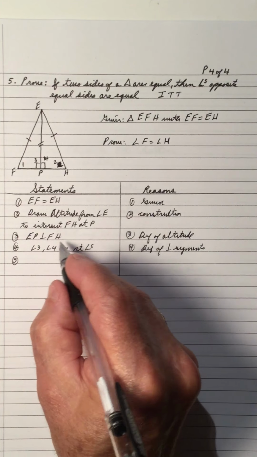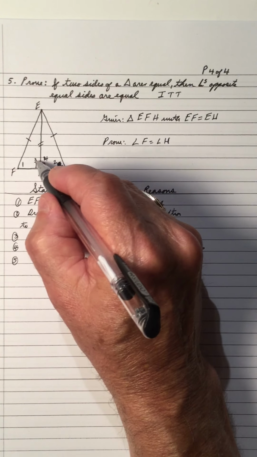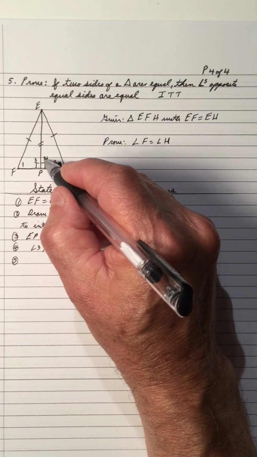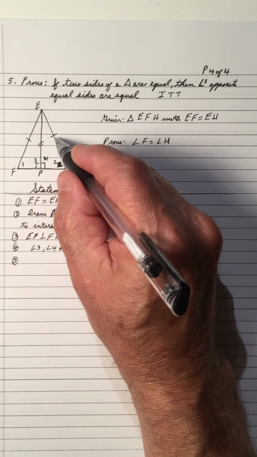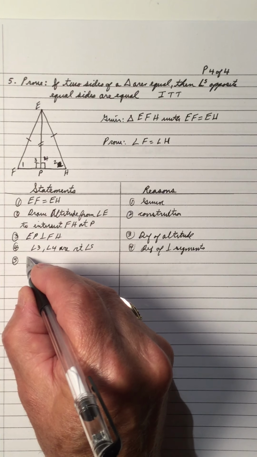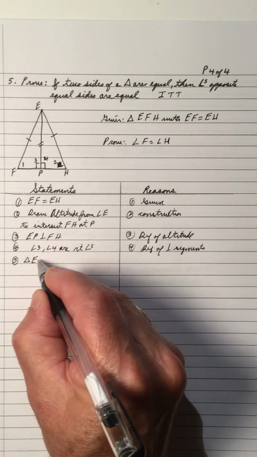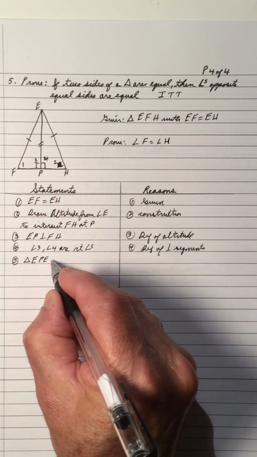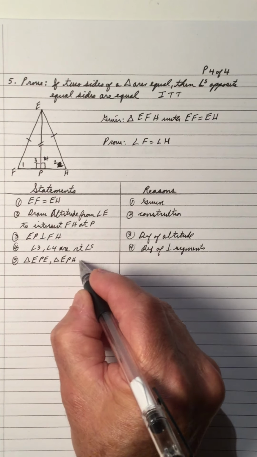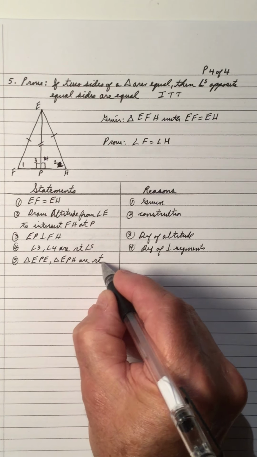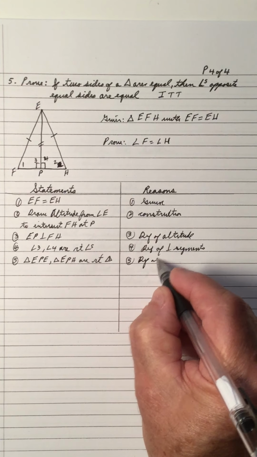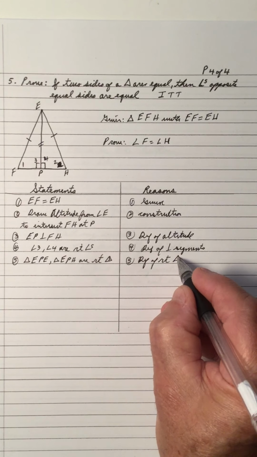And as a result, now we said we can't say these are equal, but it won't do anything because if we say these are equal, then we'll have an ASS and we can't prove triangles congruent. So we have to say that triangle EPF and triangle EPH are right triangles. Definition of right triangles.